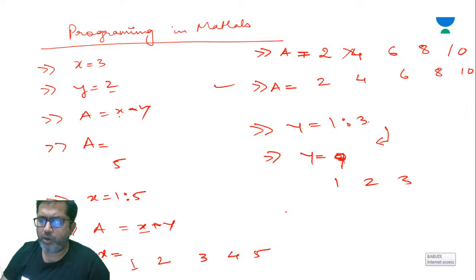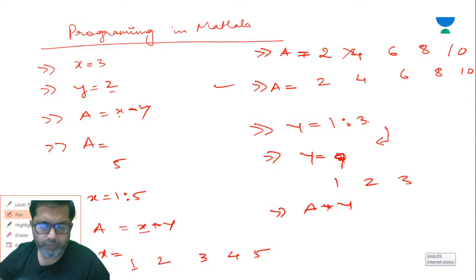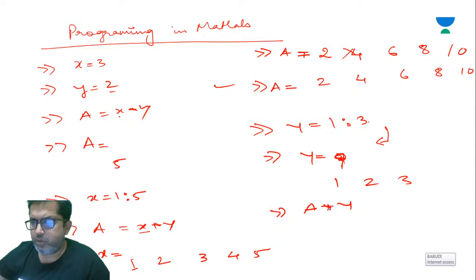If I say now a equal to x star y, I mean to say, I will write this once again. A equal to x star y.